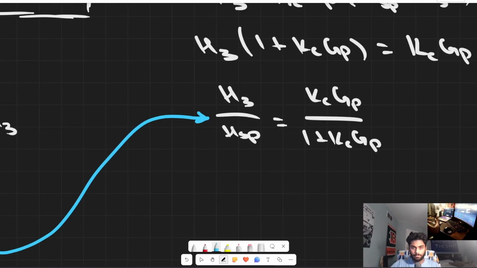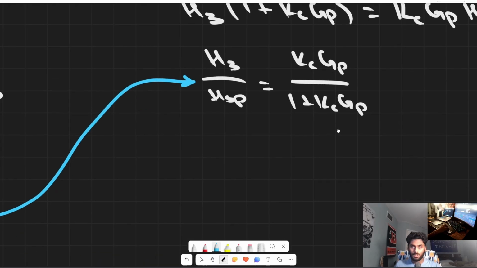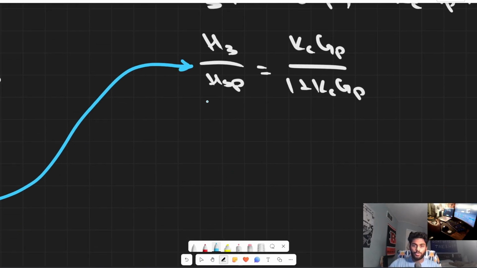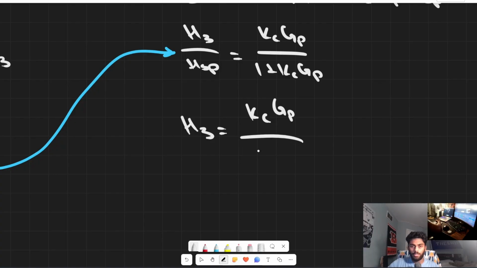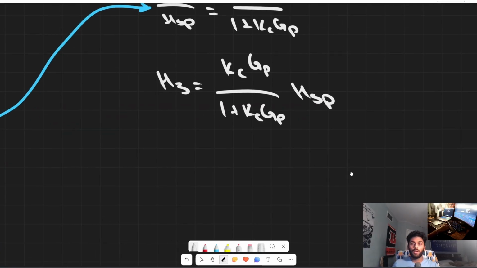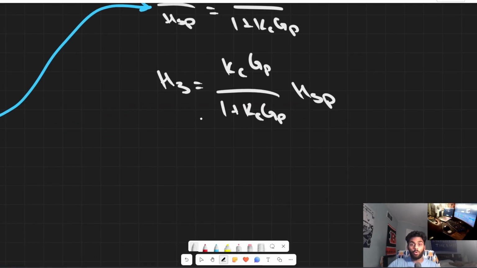So what I'll do now, I'm going to get H3 by itself. So H3 equals KCGP over 1 plus KCGP times HSP. We know what the transfer function for our process is. We already derived that.